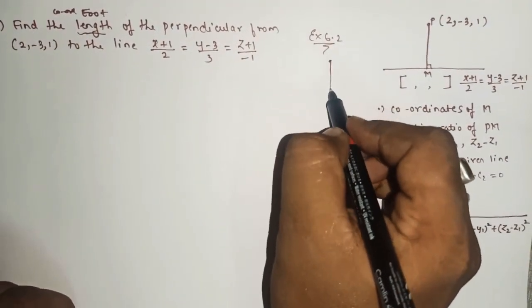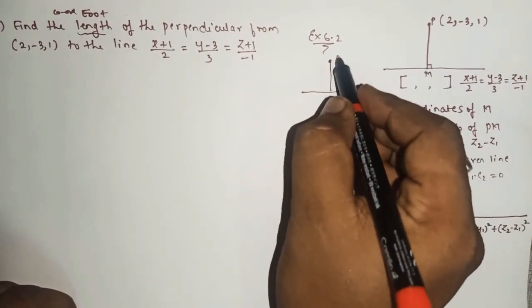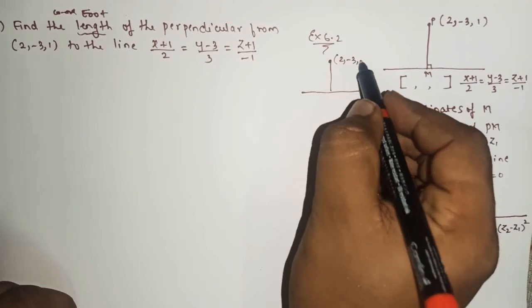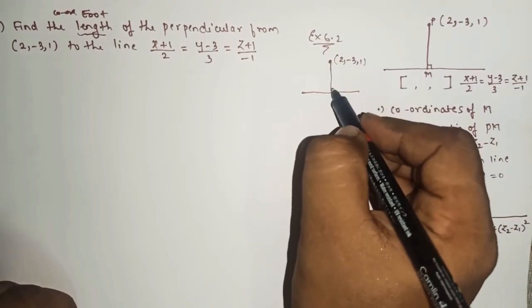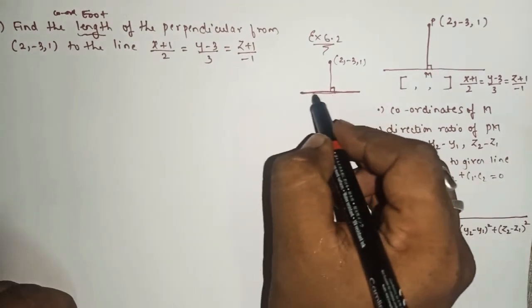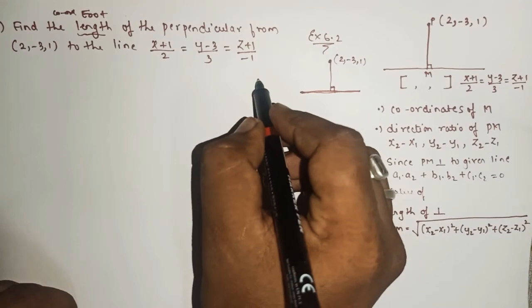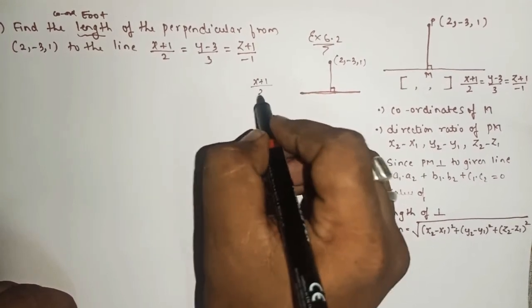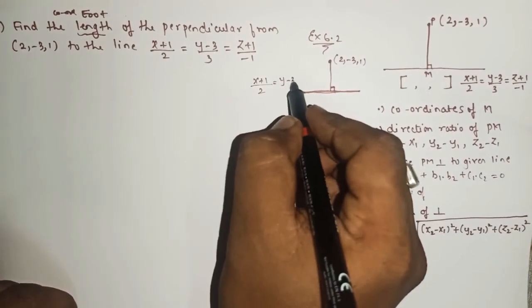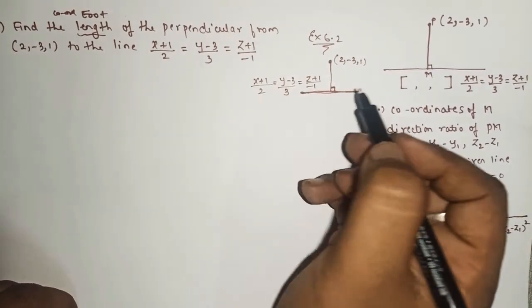Here I will draw one more diagram. From this point we draw a line which is perpendicular to this given line. What is the given line here? It is x plus 1 upon 2, y minus 3 upon 3, and z plus 1 upon minus 1.